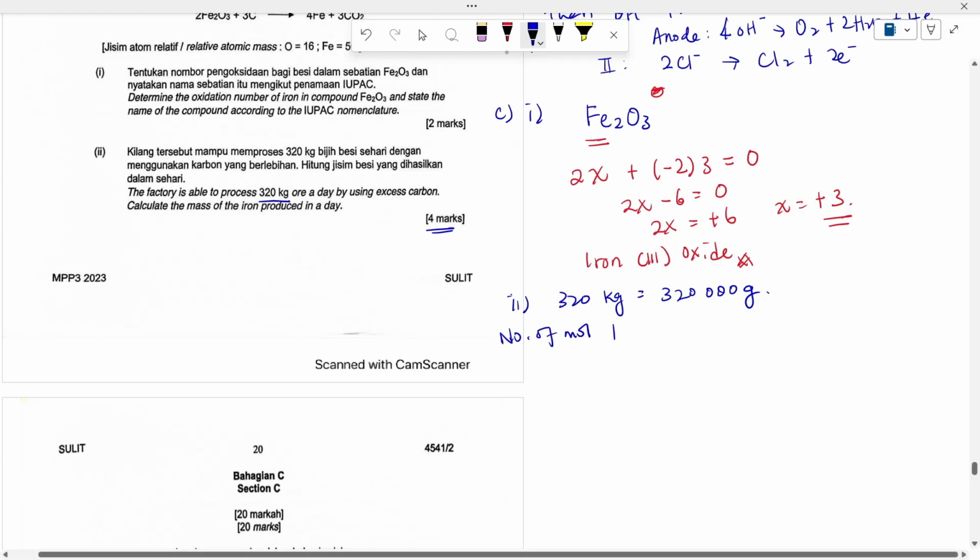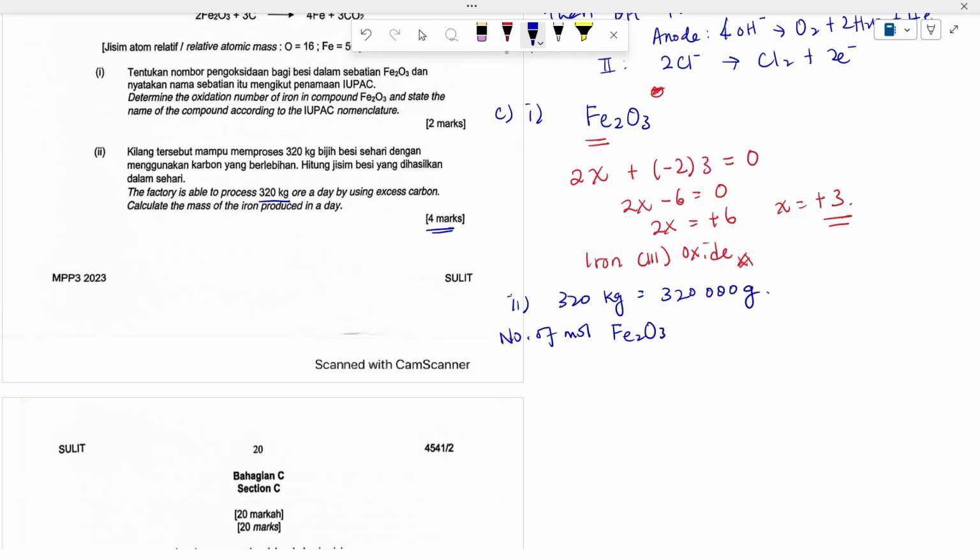So we can find the number of moles of iron(III) oxide. The mass here is 320,000 divided by the molar mass of iron(III) oxide, using the relative atomic masses given. The total for iron(III) oxide is 160, so you get 2000 mole.